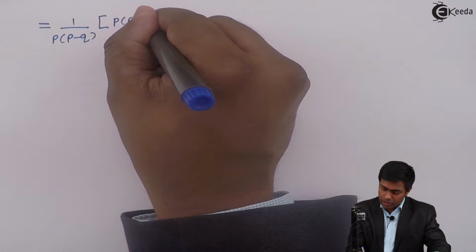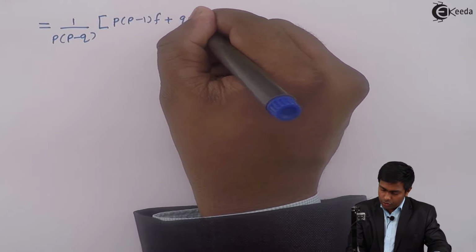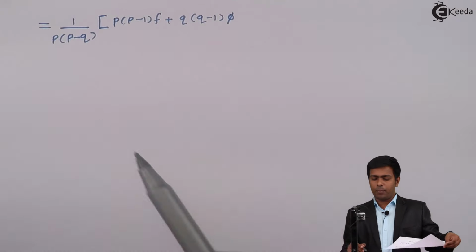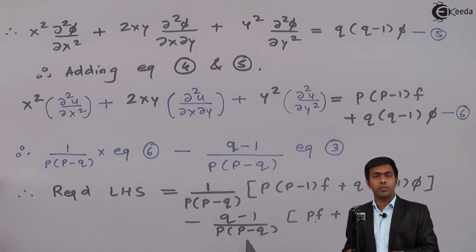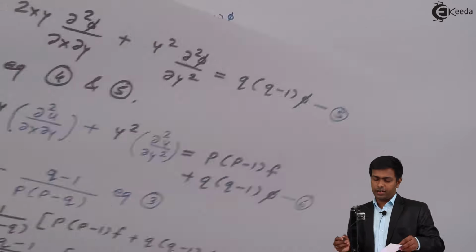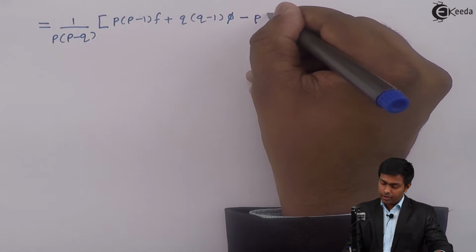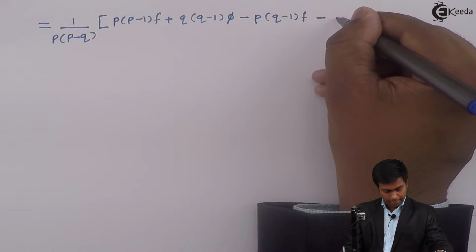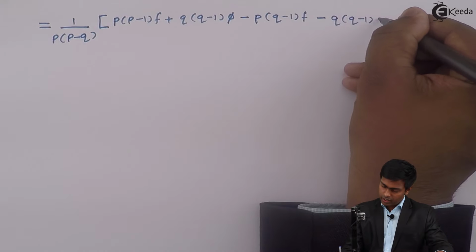So p into p minus 1 into f plus q into q minus 1 into φ. Now we have taken 1 upon p into p minus q common from the second term also. So after taking it common, this bracket will remain and minus of q minus 1 will remain. So I will send this minus of q minus 1 inside the bracket, it will multiply each term. So from here we will get minus of p into q minus 1 f and minus of q into q minus 1 into φ.